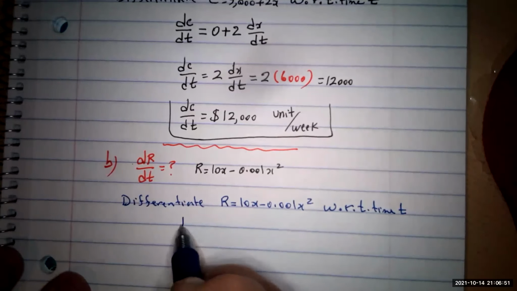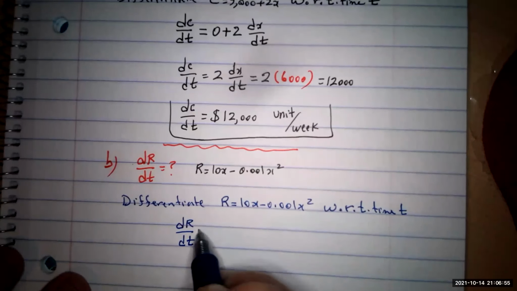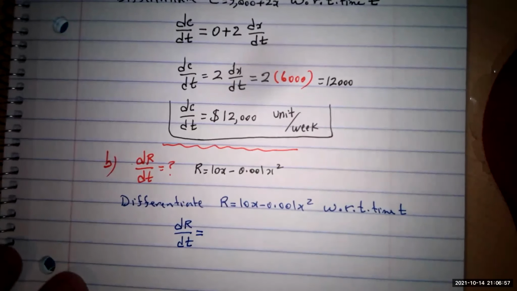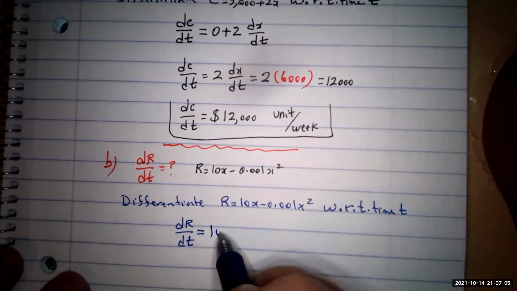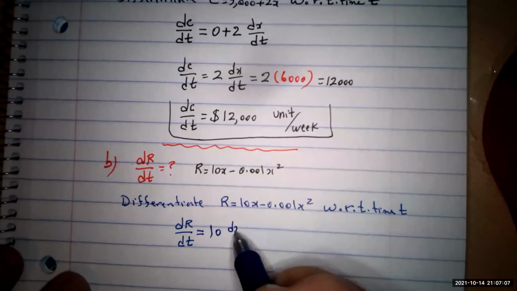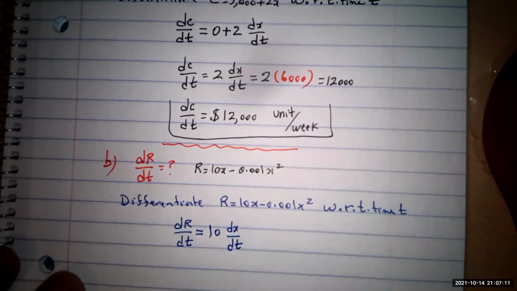It's not r prime, we write it as dr/dt. Over here, you differentiate first using the power rule. The derivative of 10x is 10. You have to multiply by the rate of the x, dx/dt. You see, anytime you differentiate, then you multiply by the rate of the x.